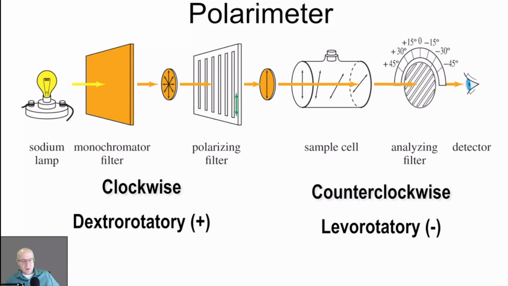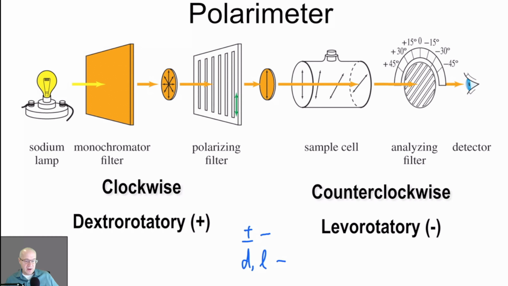Now, when light rotates clockwise, that's called a positive rotation or dextrorotatory. When light rotates counterclockwise, that's called levorotatory or negative. It's a negative rotation of light. And that's where you probably see it on labels, plus or minus some amino acid, or D versus L for something.